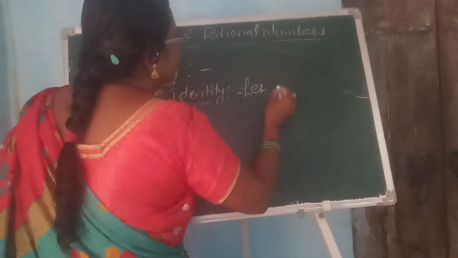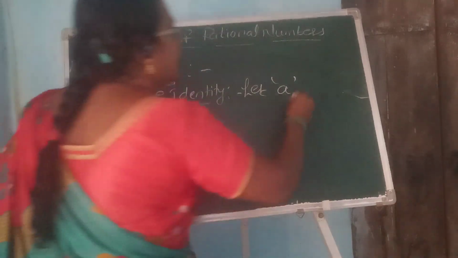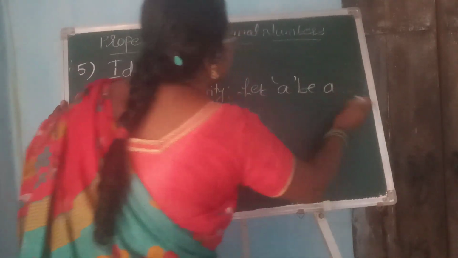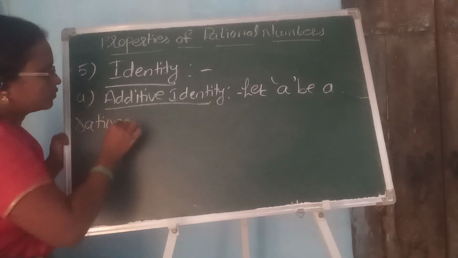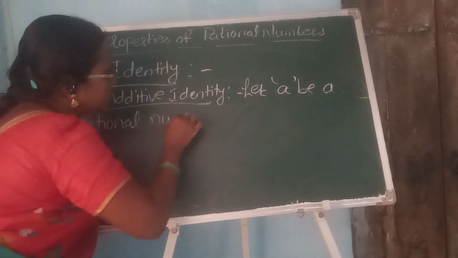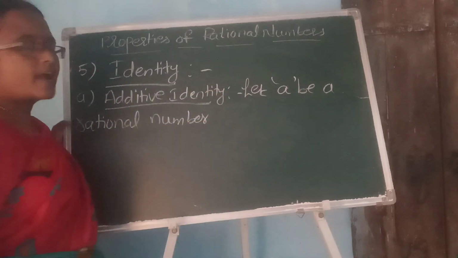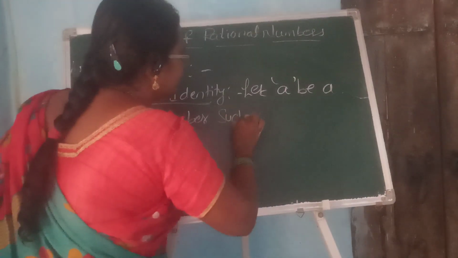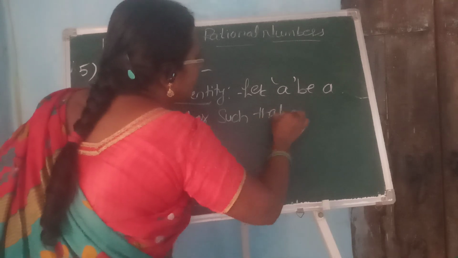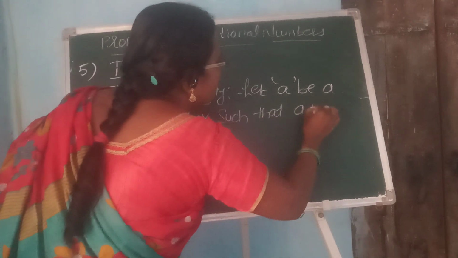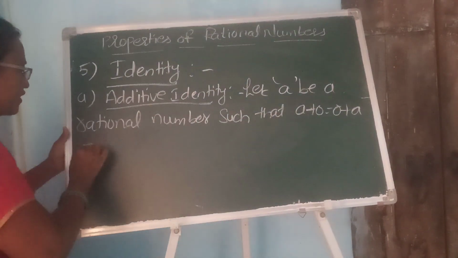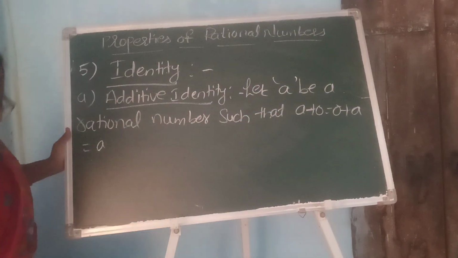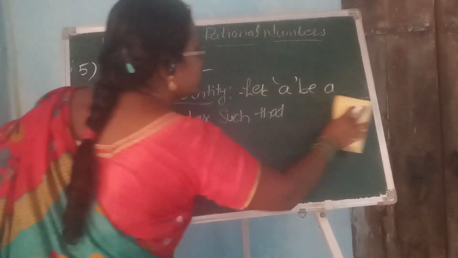Let A be a rational number such that A plus 0 is equal to 0 plus A is equal to A. I'll make it clear.